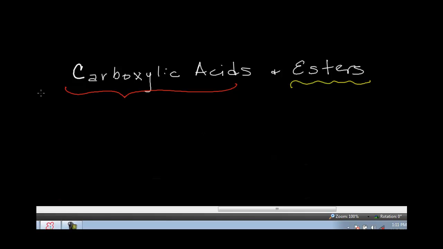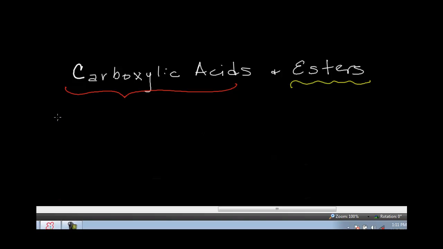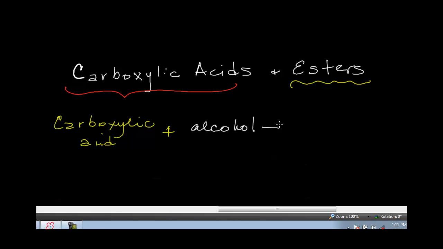A carboxylic acid plus an alcohol is going to produce an ester and water.